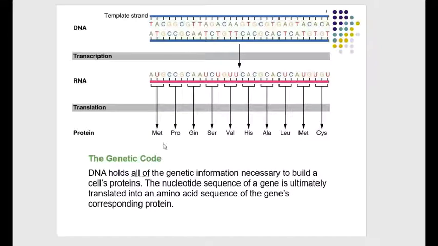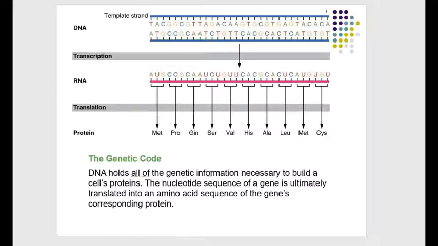So let's talk about the genetic code a little bit more. The genetic code holds all of the necessary information for the cell. One of the most common things that genetic material does is to build proteins. Our body is comprised of tons and tons and tons of different proteins. Proteins, as we saw on the plasma membrane, do lots of different functions.